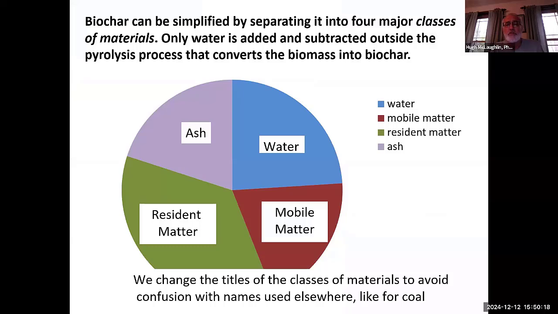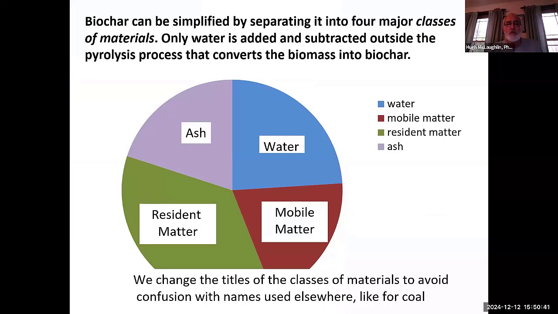But before we jump into methods, let's think about biochar as consisting of four major types of materials. There's the ash, which can come with the starting raw material to make the pyrolysis. It can come in with dirt on the wood if they made it from a whole tree chipped or something.